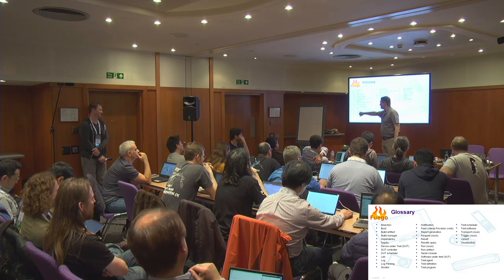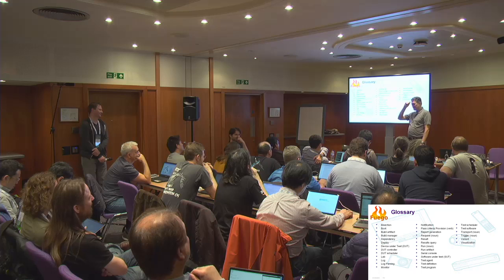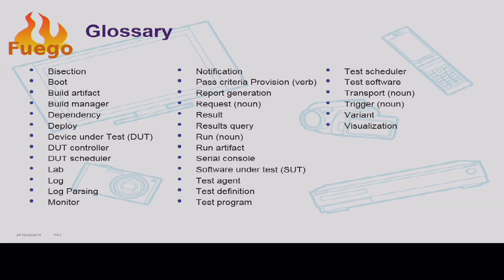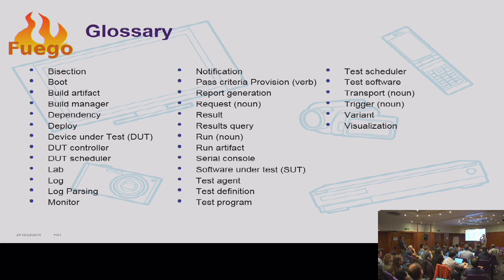Okay. A log, do we agree what a log is? Output from the test program or output from the system, right? Because we look at system logs. Log parsing, that's when we go through the log and take it from whatever human readable or machine readable format it was in and put it into some other format that we like better.